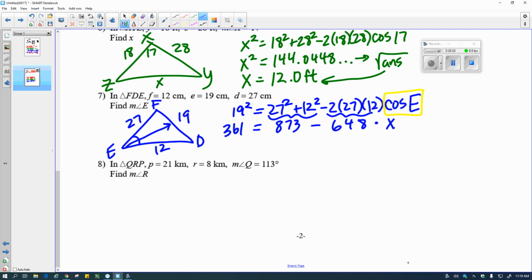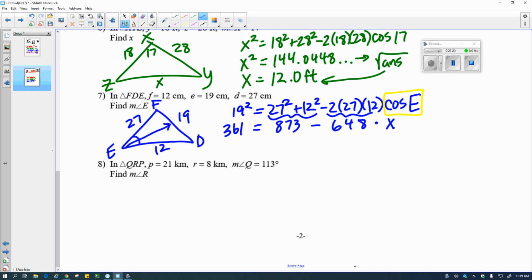Treat this like an algebra problem. When you are solving, you have to work backwards. You cannot subtract these two first. It's not an option. And you are guaranteed the wrong answer if you do.